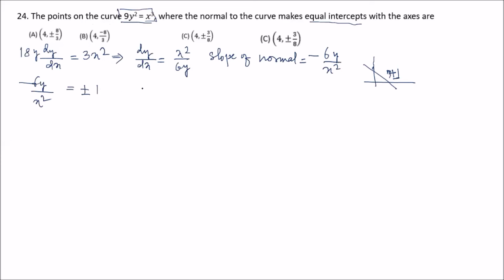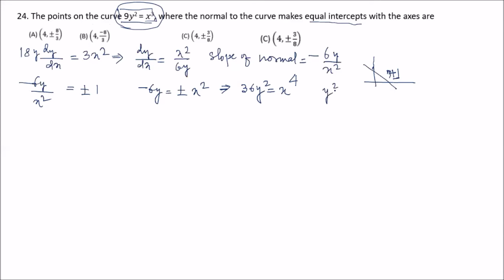Or I am getting minus 6y is equal to plus minus x square. Now I'll square both the sides. So squaring both the sides, I'll get 36y square is equal to x to the power 4. Now I'll get y square from the curve itself. What is y square? y square is equal to x cube by 9.